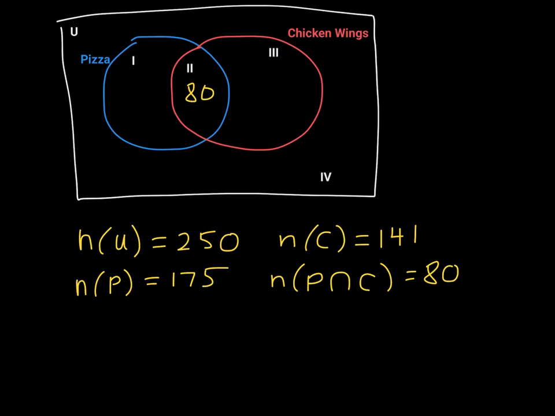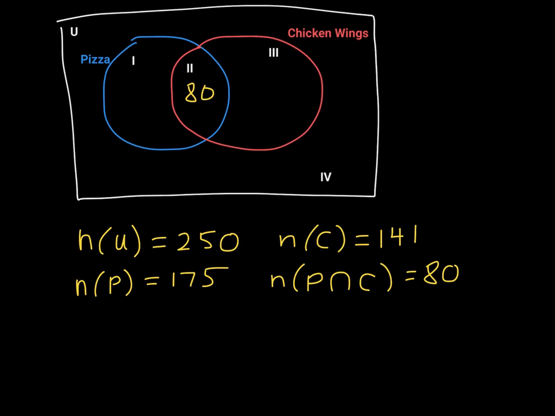I went ahead and added the region numbers: region 1, region 2, region 3, and region 4. The total number of customers that ordered pizza is 175, so region 1 plus region 2 must be 175.